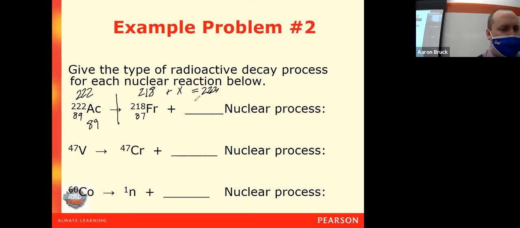So if I solve algebraically, x is equal to 4.